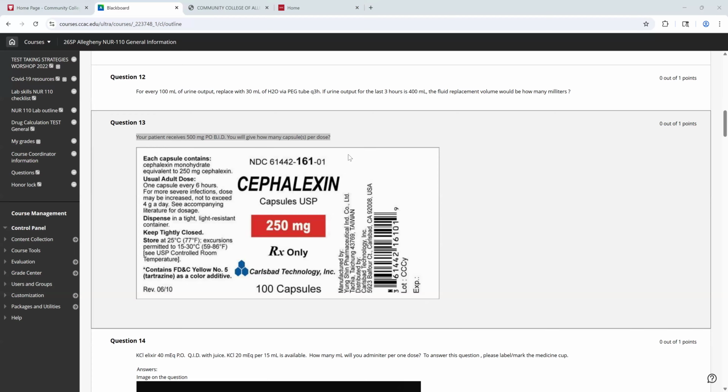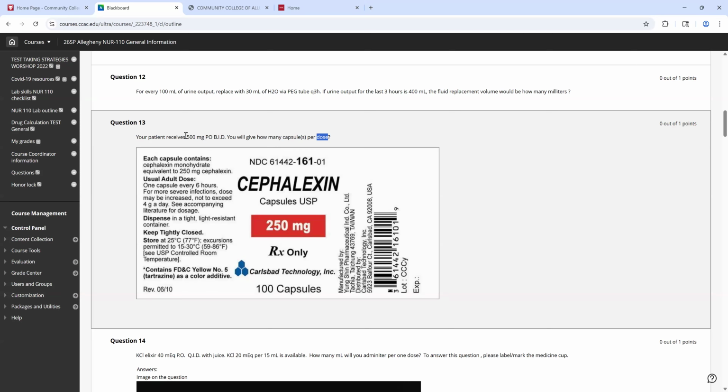Now that's important to take note. Usually you're looking for per dose, okay? If they wanted to know how many per day, they would say how many capsules per day. You might get asked that question, just letting you know.